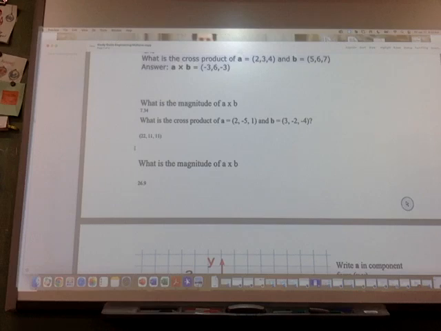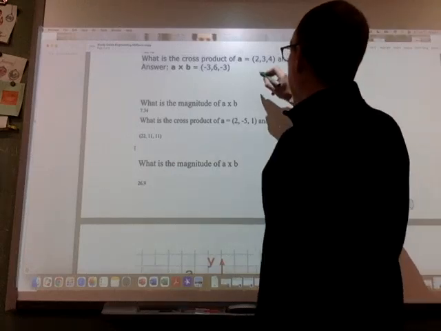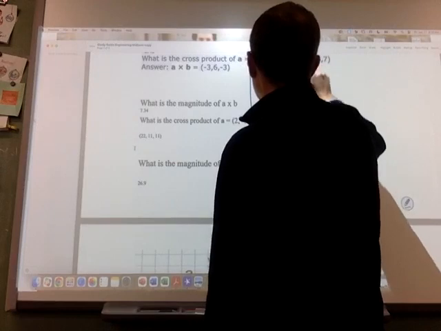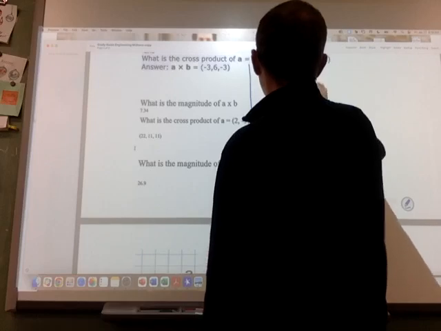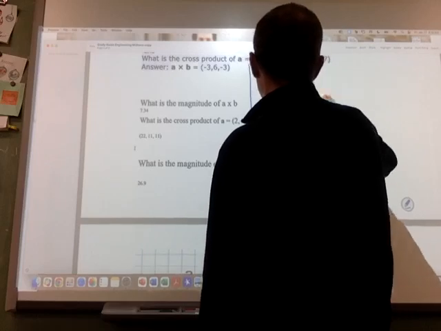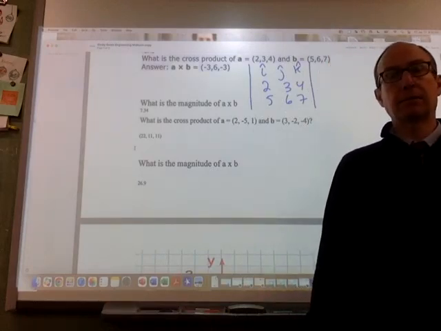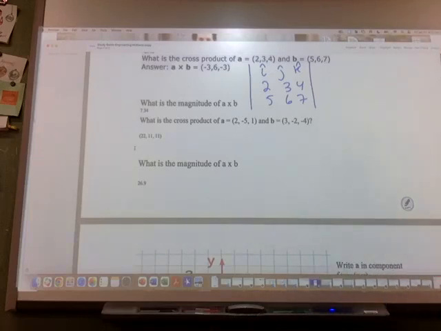Again, we're looking at A cross B. I'm going to set this up so that I have i, j, k, and then since it's A cross B, it's going to be 2, 3, 4, 5, 6, 7. A cross B and B cross A are not the same thing. So even though they have the same terms, they don't end up being the same thing.